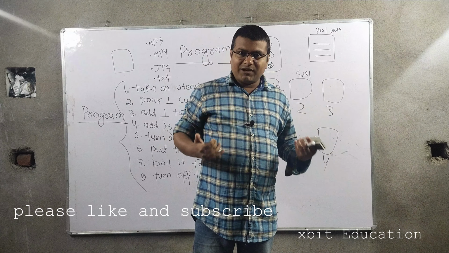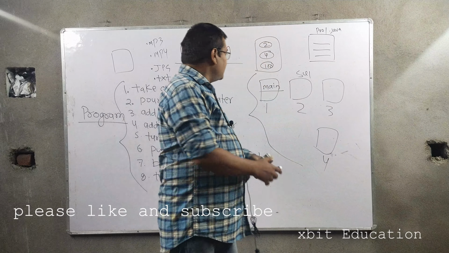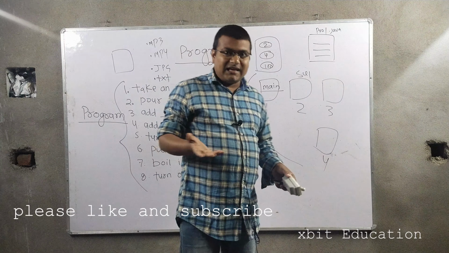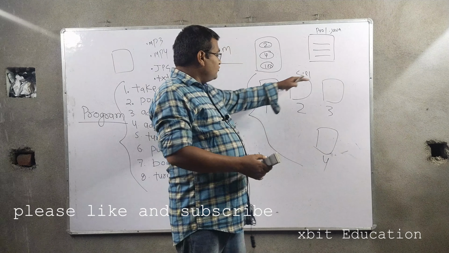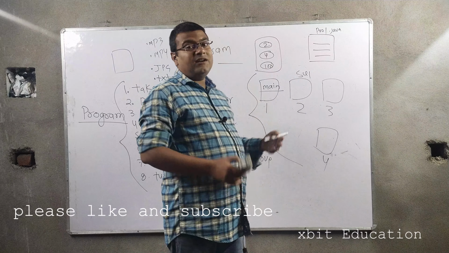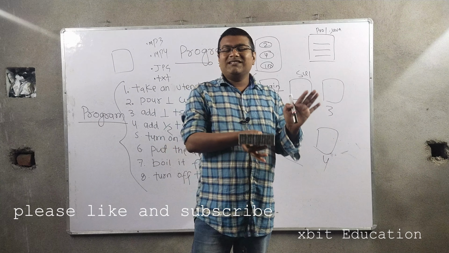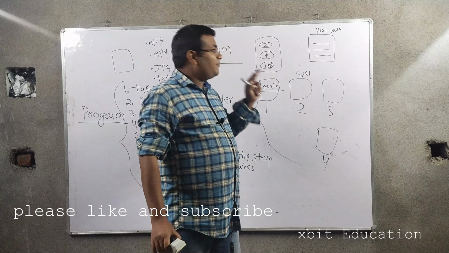It is up to our requirement, up to our desire. So in real life, programs are very big, so they are divided into many subprograms, and this group of commands is called software. So software is a group of programs. Even a single program is also called software.